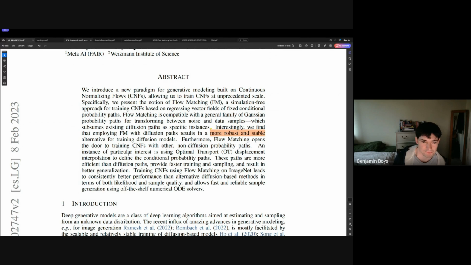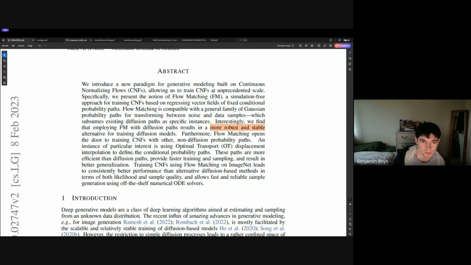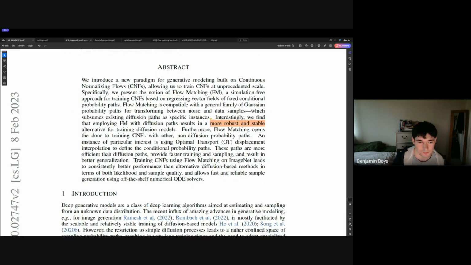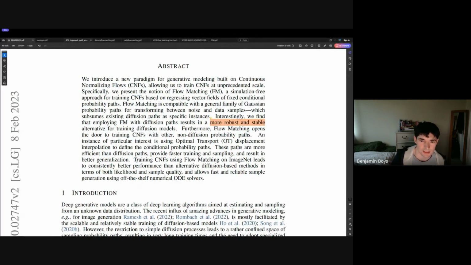So what we're going to do is go from a data distribution like images to a noise, and that noise is going to be Gaussian, because it turns out that doing that, it's particularly easy to parameterize this single step that takes you to a noise image. But the difference between this and diffusion is that it opens the door to training continuous normalizing flows with non-diffusion probability paths.